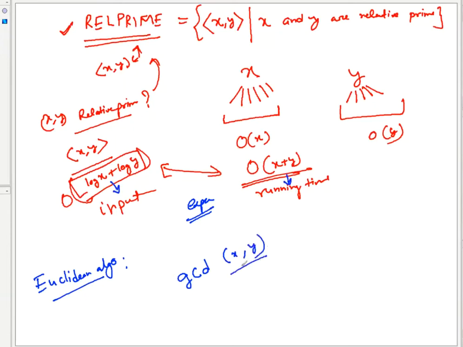And how does it find the GCD value of X, Y? Anyone who remembers the Euclidean algorithm? Yeah, it's a one-line recursive solution. We take the mod and pass it again in the same function. Good.